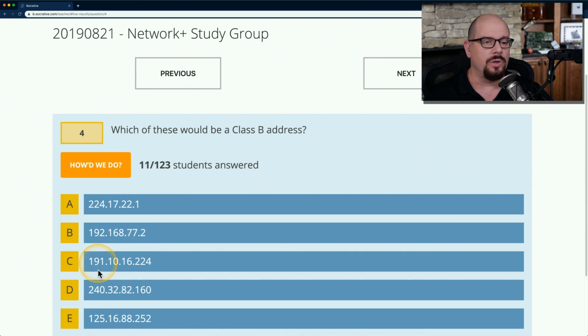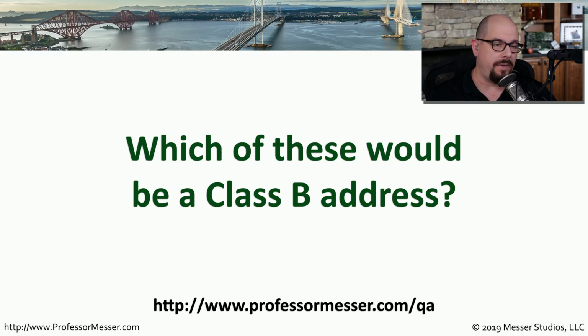The next address is 191.10.16.224. The next address is 240.32.82.160. And the last one is 125.16.88.252. So hopefully you know what those are. Which of those would be a Class B address?